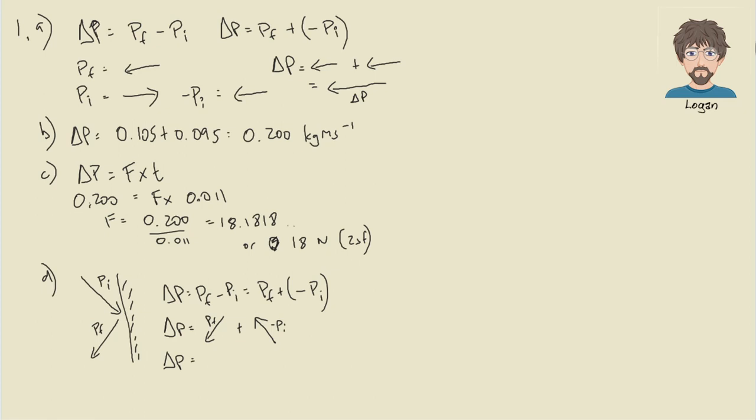We've got to put some numbers on these to make this a little easier before we add them together. It says rebounds at right angles with the same momentum, so this is still 0.10. Oh, this is D1, by the way.